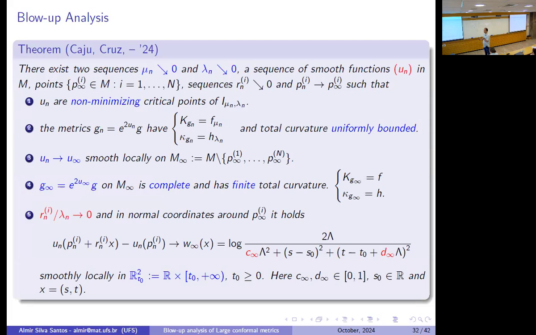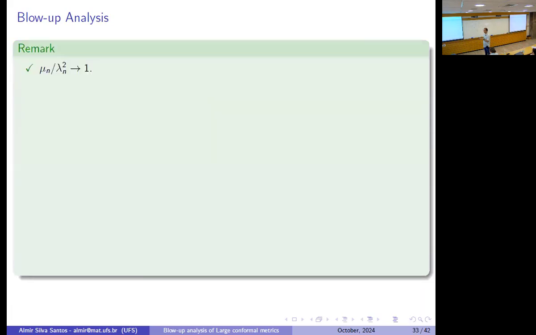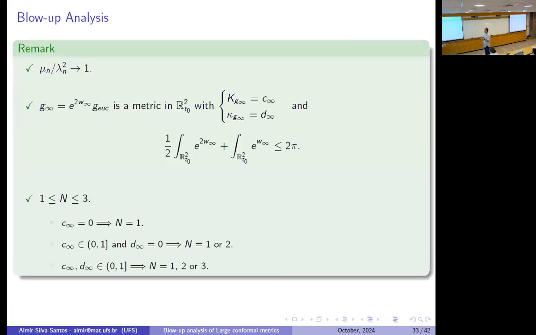Then with the method on the volume that we found, we can prove that the number of blow-up points is at most three, even if the function has many maximum points. All these techniques and results work in dimension 2.